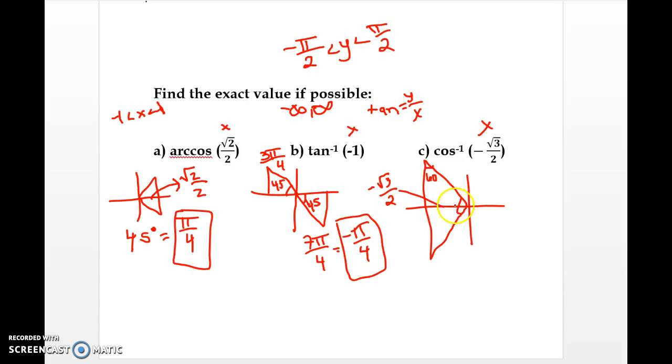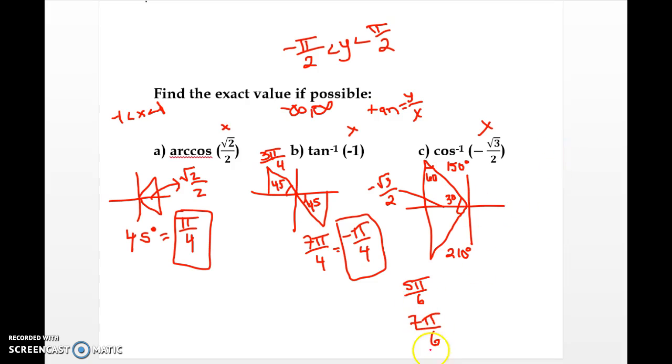So then these reference angles have to be 30 degrees. So the reference angle is 30. So this is 150 total degrees. And this would be 210 total degrees. And 150 degrees is 5 pi over 6. And 210 degrees is 7 pi over 6.